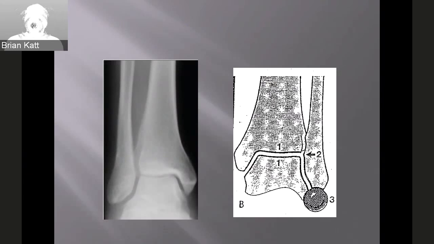We look at Shenton's line, which is this little notch in the fibula here. We want this to line up to our tibial plafond there. And we're also looking for a smooth contour, if you can picture that circle there, of our fibula attaching to our talar articulation below the ankle mortise.